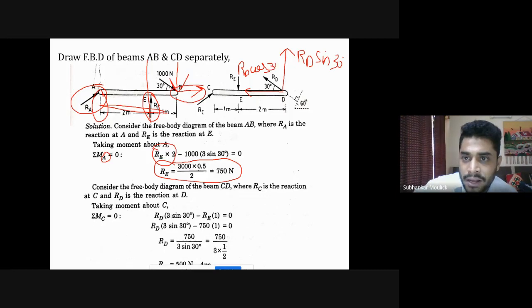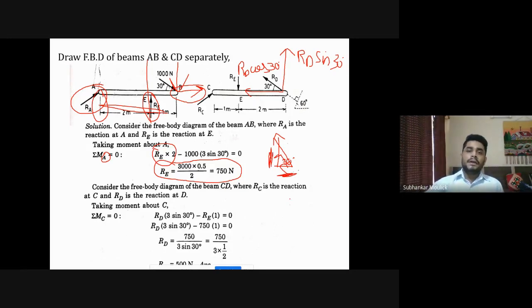Why have I taken the direction in this way? Because this is your RD, this is the tail end, this is the head end, and this angle theta is given. I need to go from tail to this head. So I will go in this direction, and then from this end I will drop a perpendicular like this. This is 30 degree. So this will be RD cos 30, this will be RD sine 30.